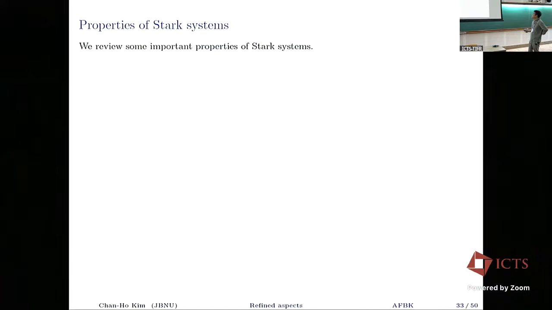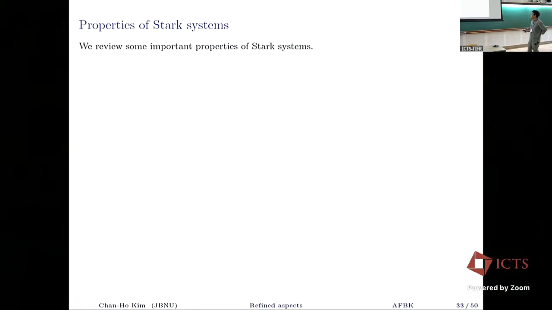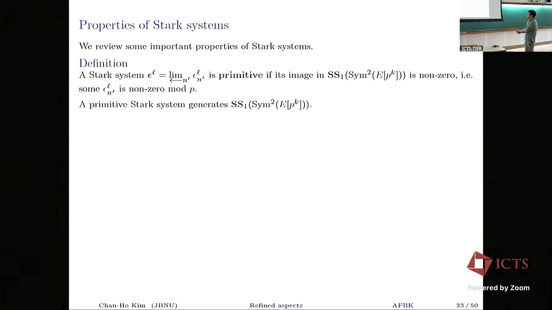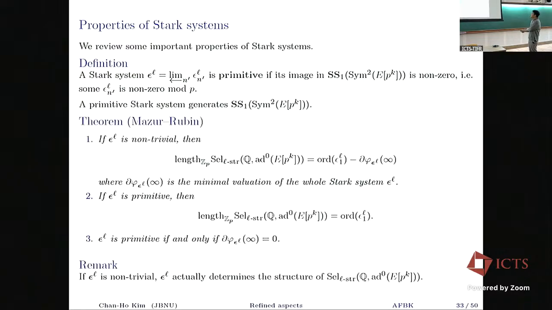Okay, here are some important properties of Stark systems. When I say a Stark system is primitive, its image mod p is non-zero. This primitive Stark system will generate this free rank 1 module. And what Karl Rubin proved is that if the Stark system is non-trivial, like a Kolyvagin system, he could detect the exact bound.